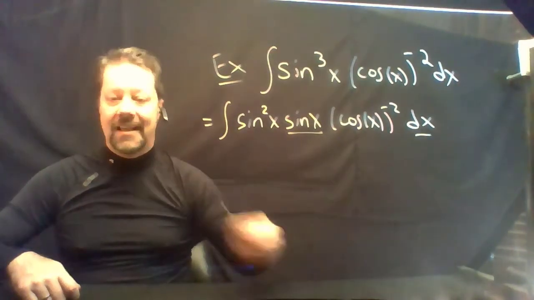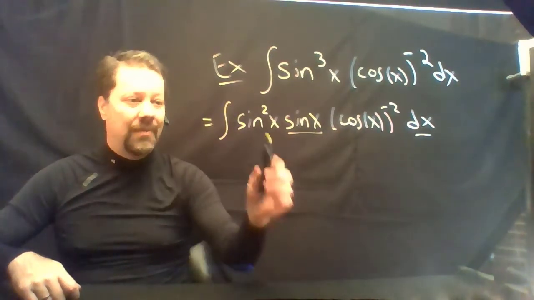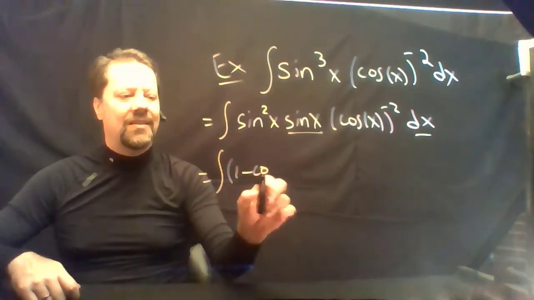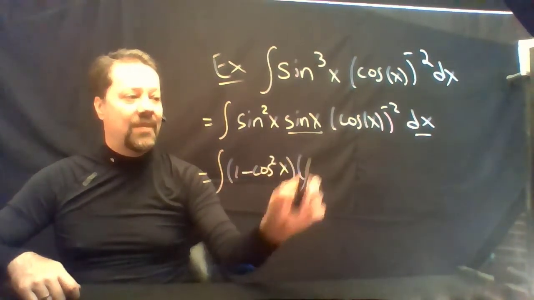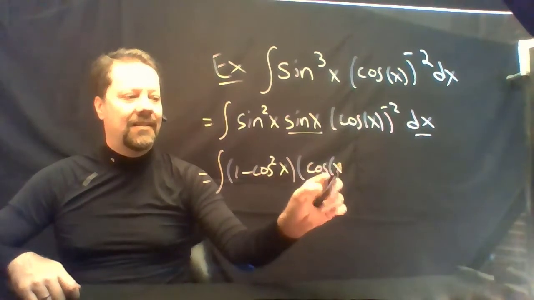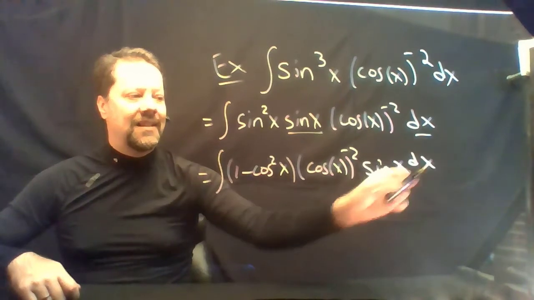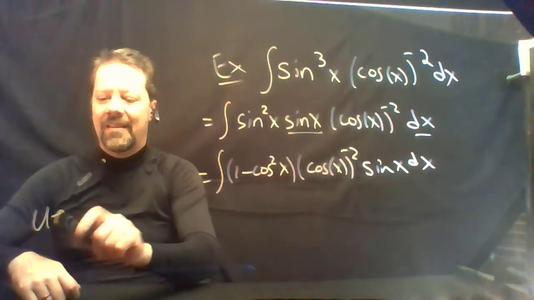The sine x dx is going to become the du. Sine squared is 1 minus cosine squared x. We'll have times the cosine of x to the minus 2, the sine x dx left over.